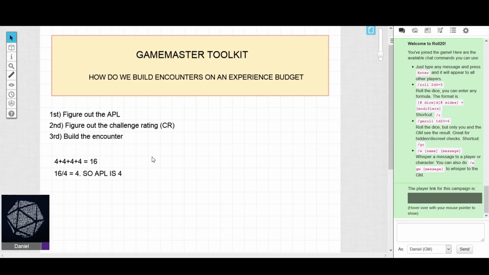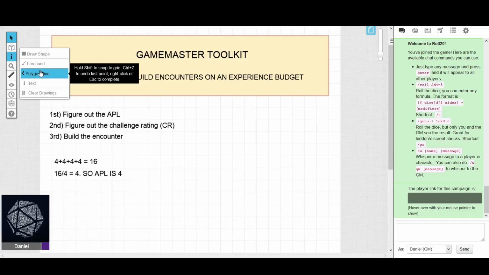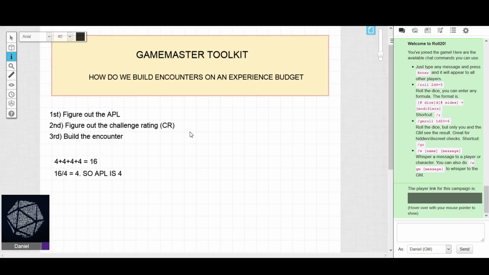Once you've figured that out for your party, then you can skip to the next step, which is figuring out the challenge rating. When we build on a budget in Pathfinder, we have separate kinds of encounters. Encounters are on a difficulty scale from easy to epic. And we pick the challenge rating based on the APL of the party plus or minus a certain modifier.